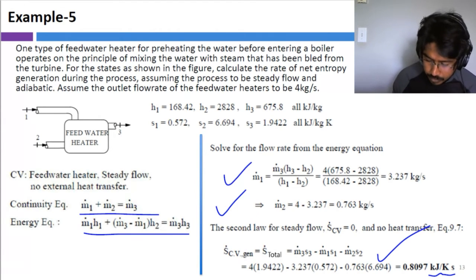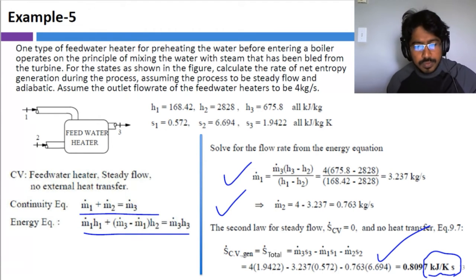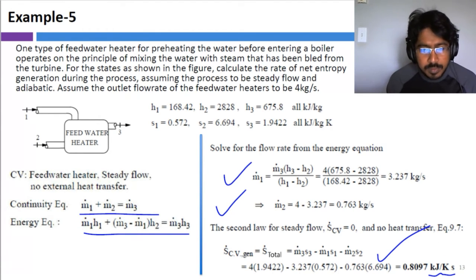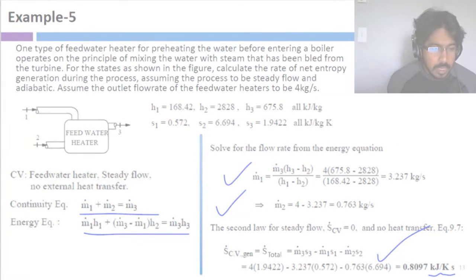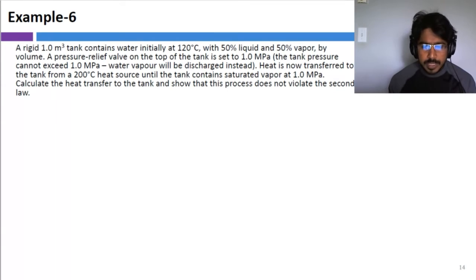In this case, we have this unit because it's the total entropy generation, not the specific. So in the exams, please use the correct units and always mention the units. For those, you will get marks, and if you don't mention the correct units, you will lose marks. Okay, take about 5-6 minutes and solve this question.